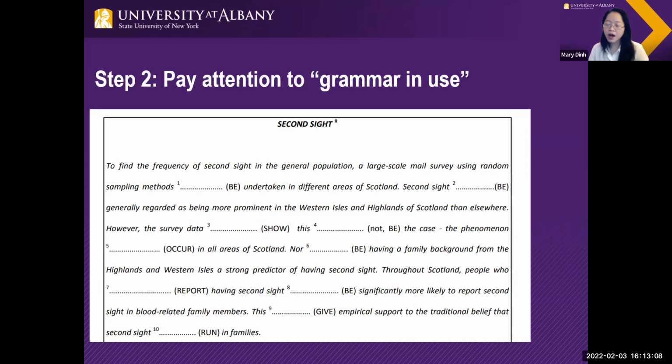So step one, understand that writing is a process and has different phases. Step two is to pay attention to grammar in use. It means that as an international student, you need to familiarize yourself with text in the English scenario, in an English genre. What I usually do is take a text in English and erase or omit all the grammar part of it.